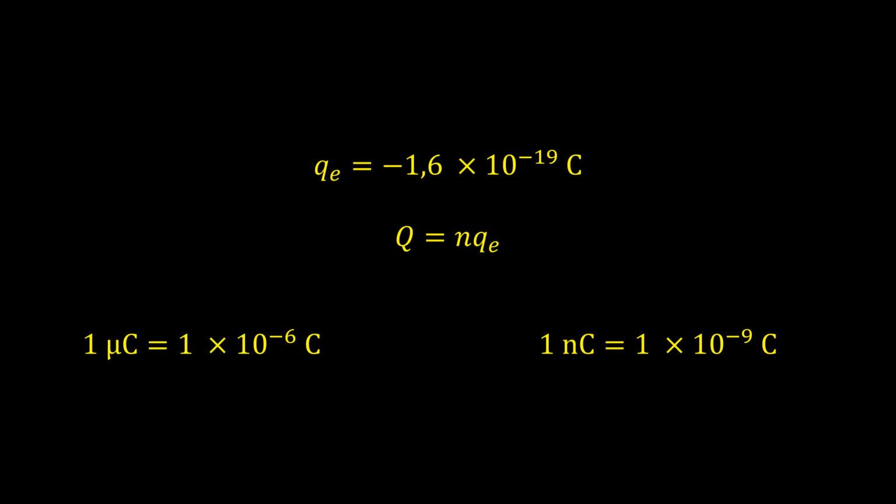Nano means 10 raised to the power of minus 9. So it is important for you to know these conversions. Like I said, micro means 10 raised to the power of negative 6, and nano means 10 raised to the power of negative 9.